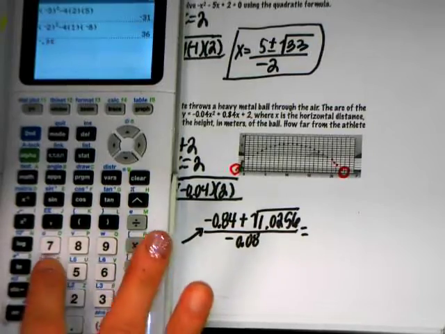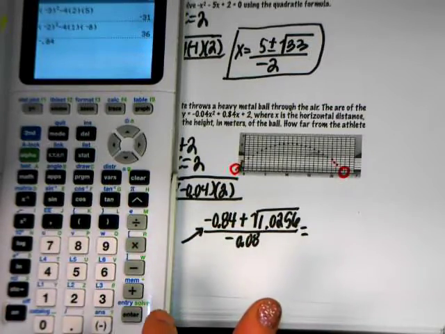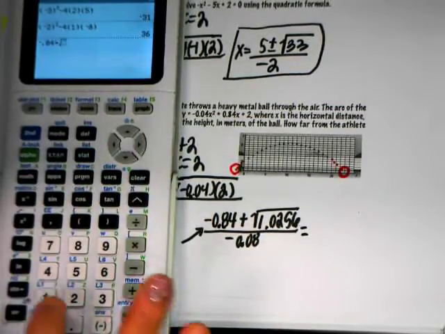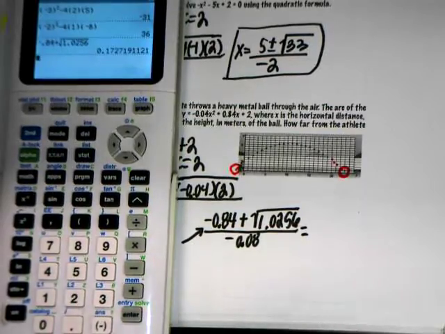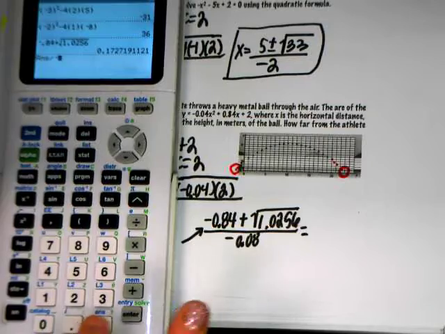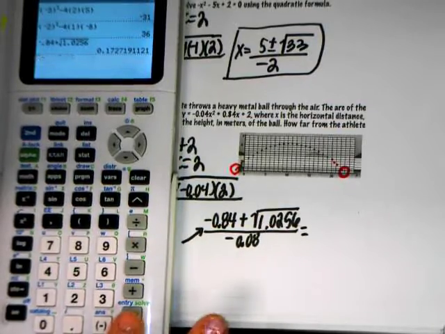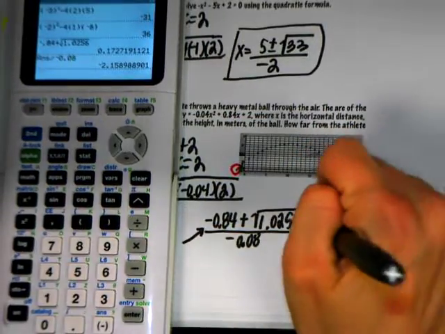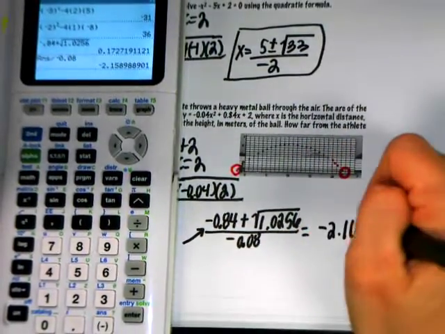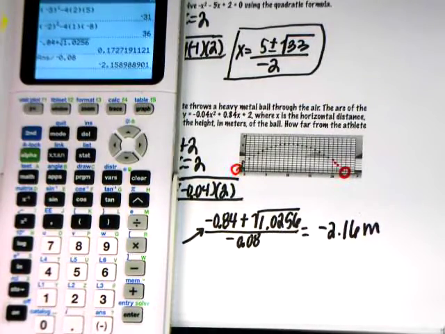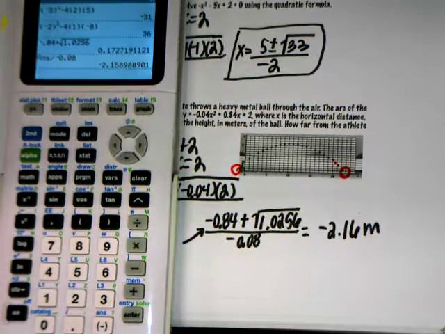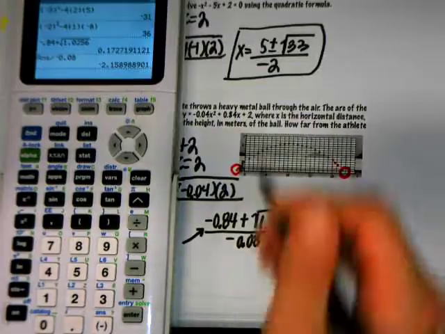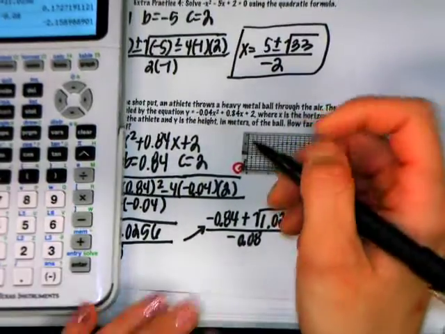Negative 0.84 plus radical 1.0256. You get that, and then you're going to divide that answer by the bottom, and you get that. Negative 2.16 meters. Okay, then you're going to do the same thing, but with the subtraction instead of the addition.